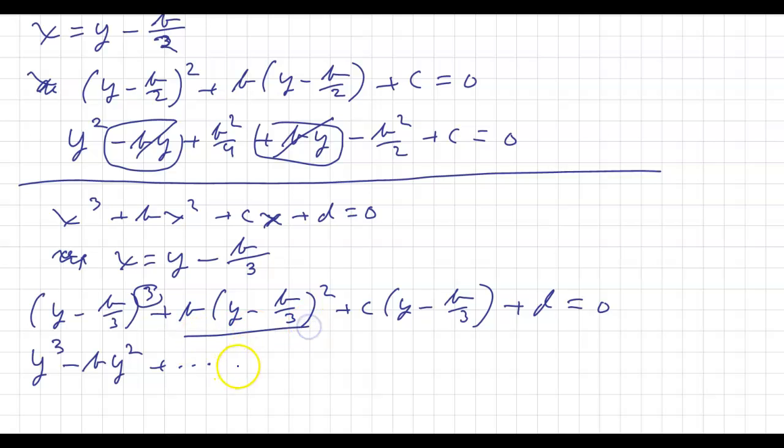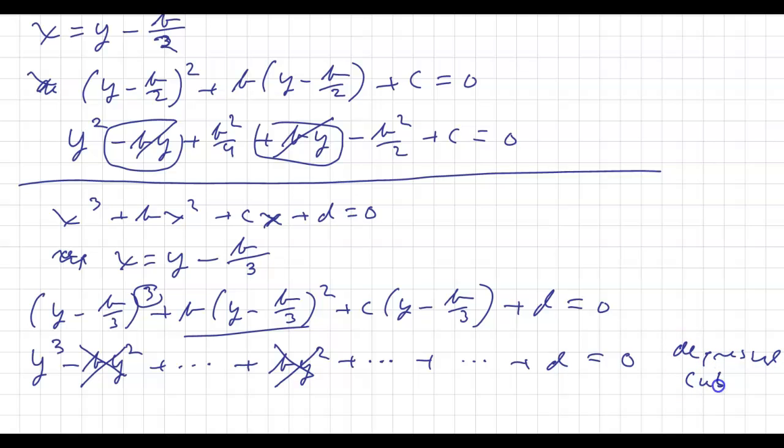And then this second term would end up as by squared plus a bunch of stuff, and this thing would end up as a bunch of stuff. And what would end up happening is that these two things would end up canceling out, and I would end up with a so-called suppressed cubic, which fortunately I have a process for solving.